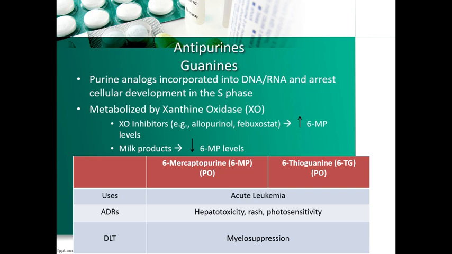So 6-mercaptopurine is a drug I used all the time in little kids that had ALL. They're on this drug for years. It's an oral agent. They take it every day, and it does have some drug interactions that we need to be mindful of, but for the most part, patients tolerate it pretty well. And again, you're not going to see these at the Kirkland Cancer Center.